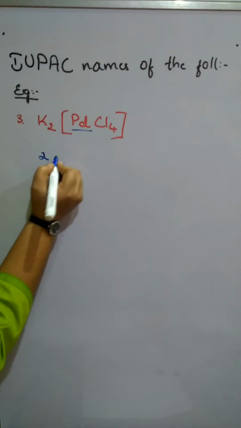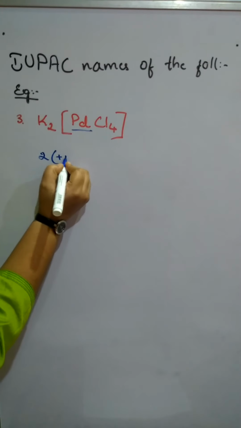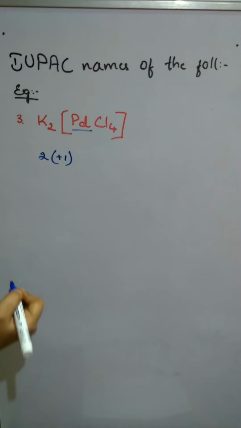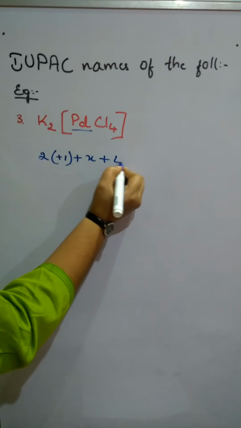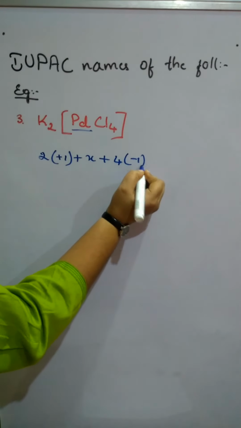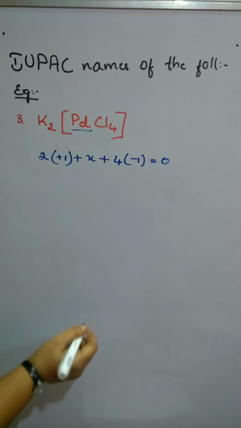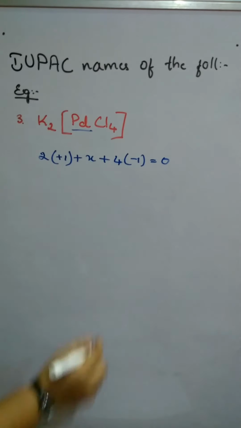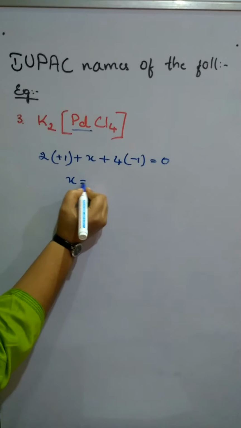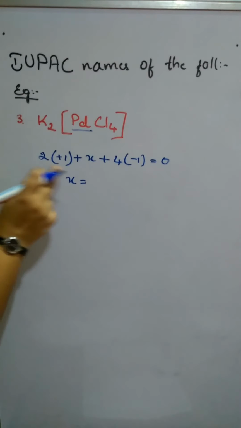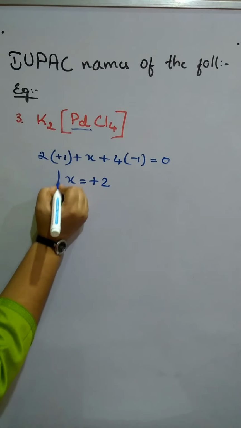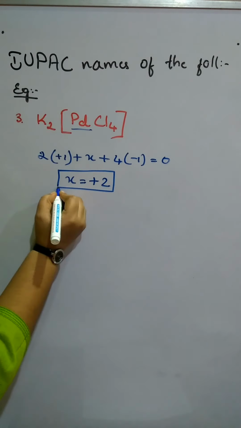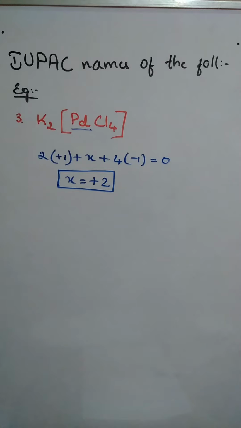So it is 2 potassium, each with plus 1 charge, plus x, plus 4 chlorides with minus 1 charge each, equals 0. We don't have any charge on the complex, so that's why it is 0. X is equal to minus 4 plus 2, minus 2, shift that one, then it becomes plus 2. So the oxidation state of palladium is plus 2.